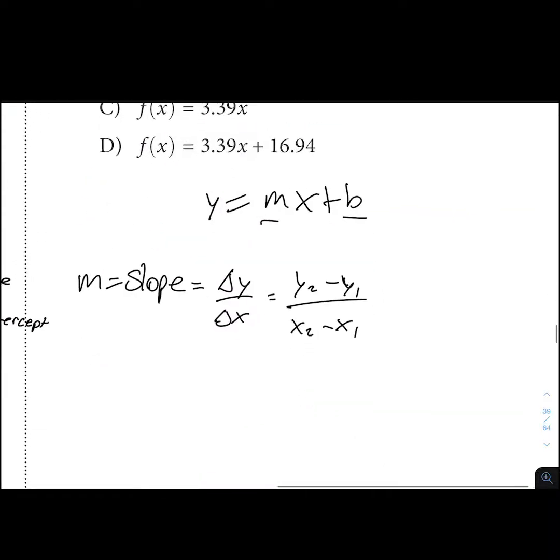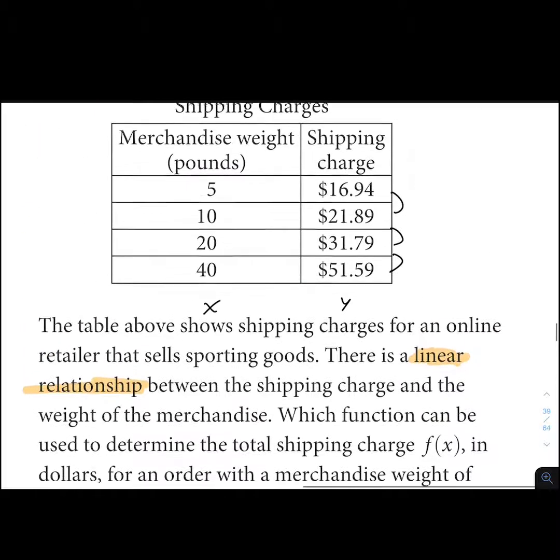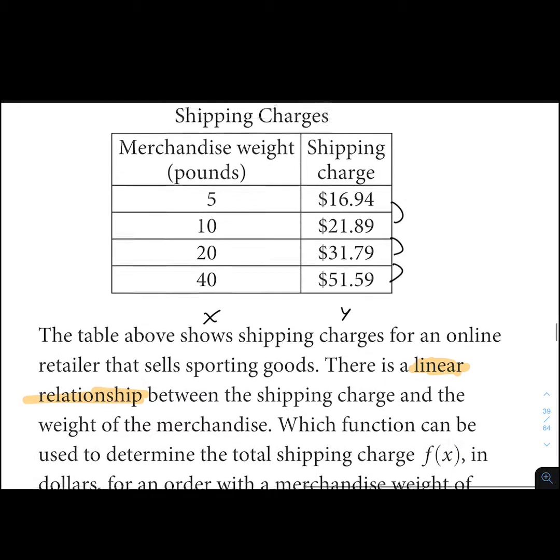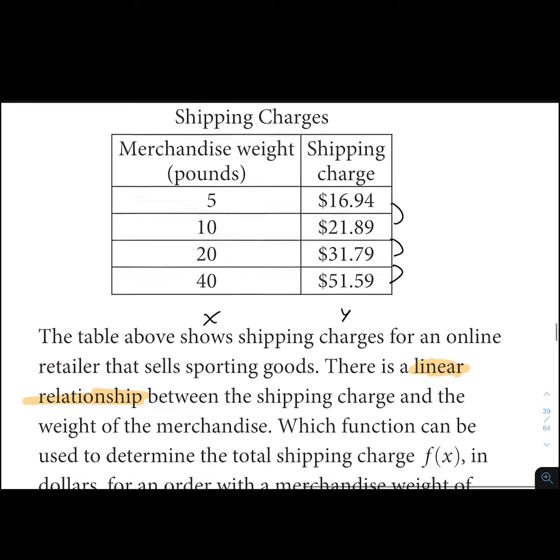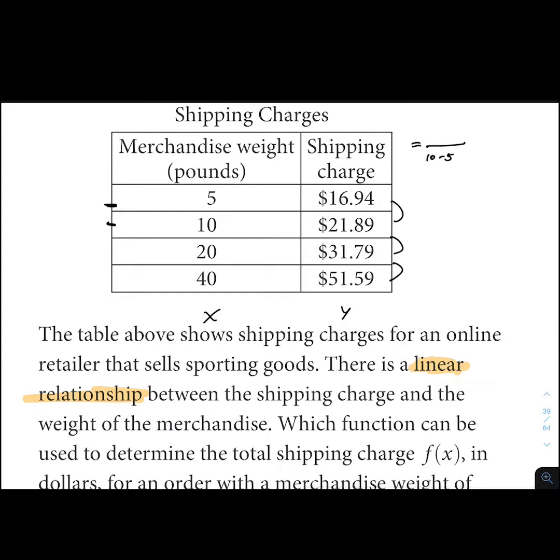On the bottom, it's x2 minus x1. So I'm going to do some dividing here. Try to be smart of what you pick. I'm about to show you some different scenarios. If I was to pick these 2 points, and let's say the 10 was the x2 and the 5 was the x1. On the bottom of my equation, that would be a 10 minus 5, which is 5.